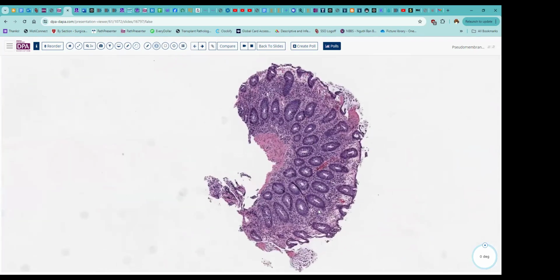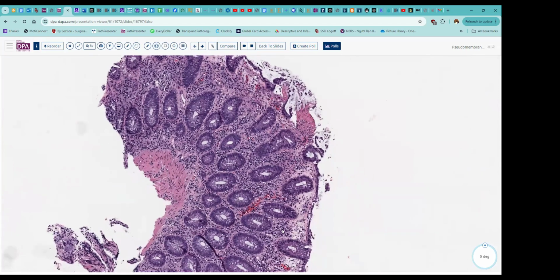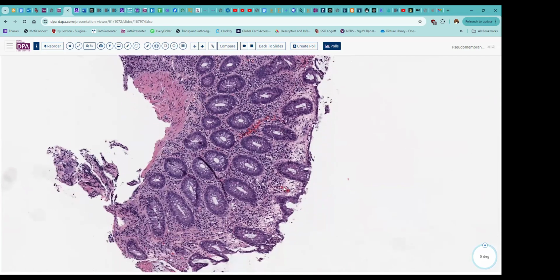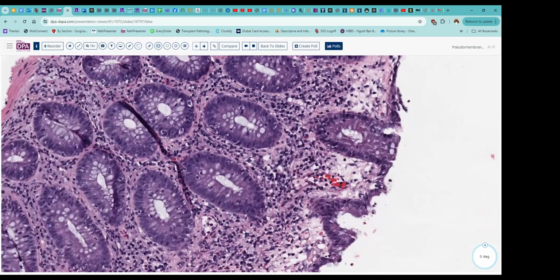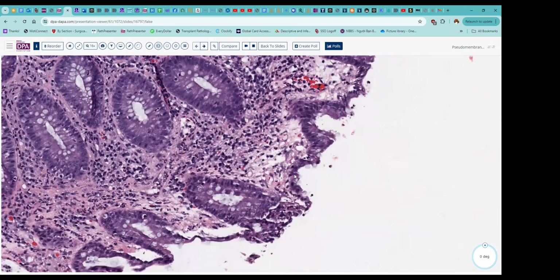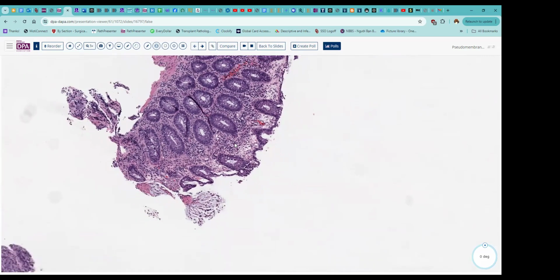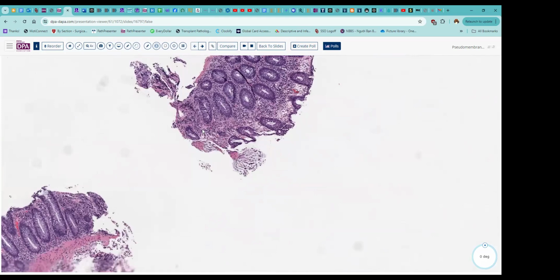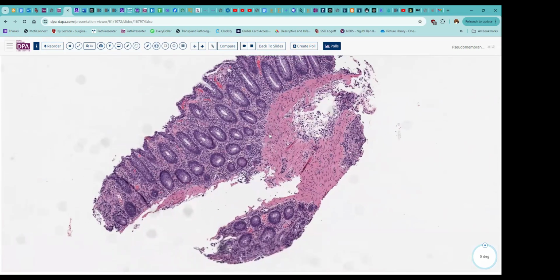Now, the other possibility is that this is a collagenous colitis, because you'll see we have a pretty prominent hyalinization to the epithelial plate here. And we do have a lot of intraepithelial inflammation here, as well as the damage to the surface epithelium. So a collagenous colitis with secondary superimposed pseudomembranes would also be a possibility.